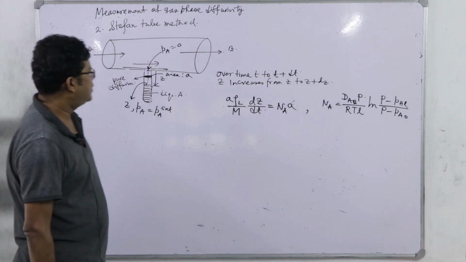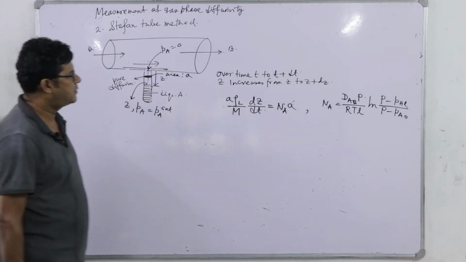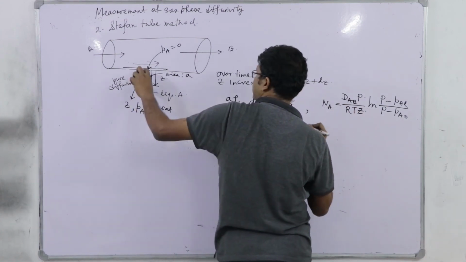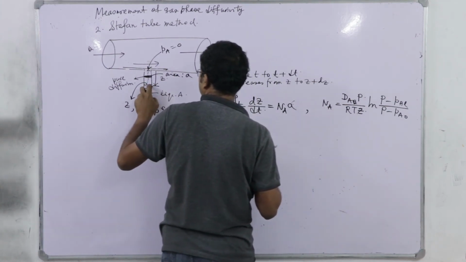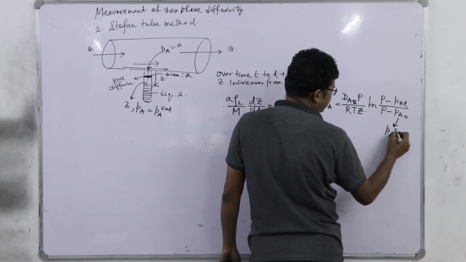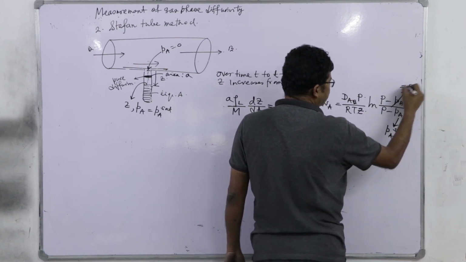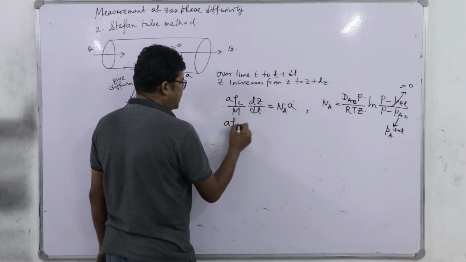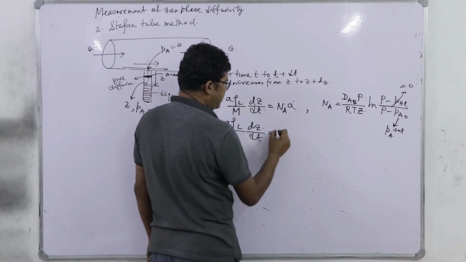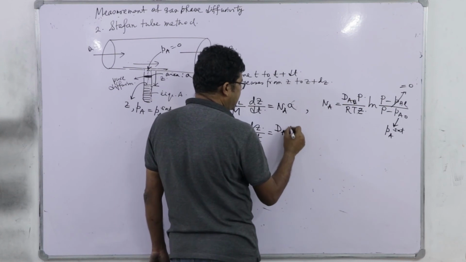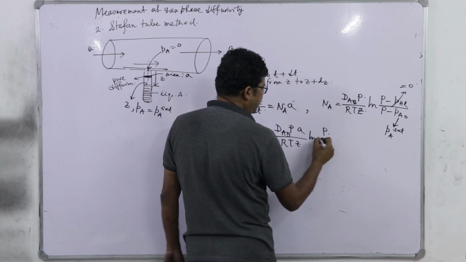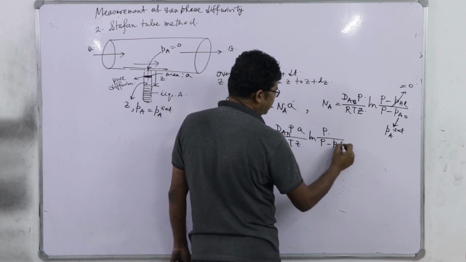Right. So, here this becomes Z, the distance is Z, and at this surface PA0 is PS at, and PAL is 0. So, we have a into rho L divided by M dz/dt is equal to DAB into P into a divided by RTZ into ln of P divided by (P minus PS at), which remains constant.